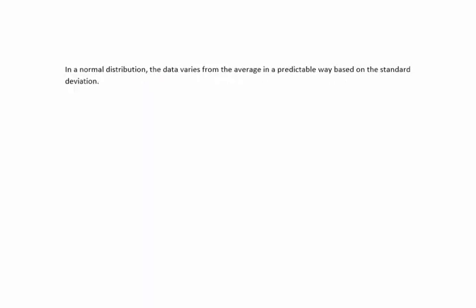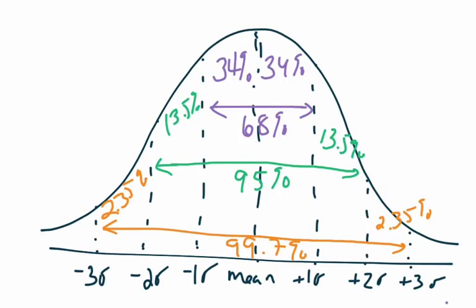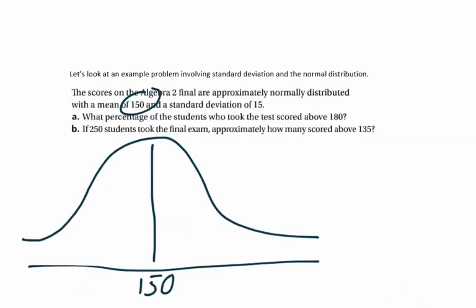In the earlier example, I was just writing +1 standard deviation, +2, +3. On this one, we're actually going to put the actual numbers. The standard deviation is 15, so I'm going to do 150 plus 15, and that's going to give me 165. And I might do this up here, +1 standard deviation.